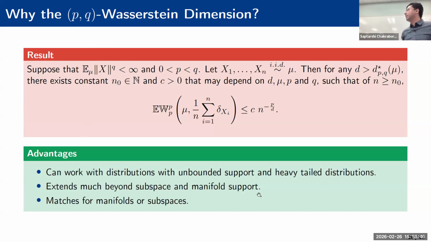Of course, subspaces and manifolds are a special case of this definition, in the sense that if your data is supported on a subspace or a manifold, then that exact dimension is realized by this d star. So d star is exactly that subspace dimension or the manifold dimension, and it matches for those contexts.